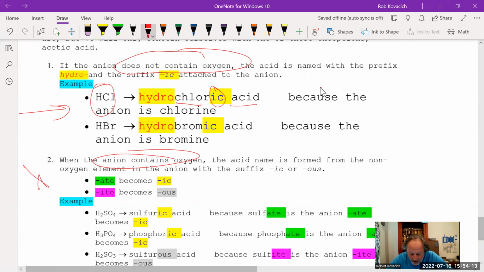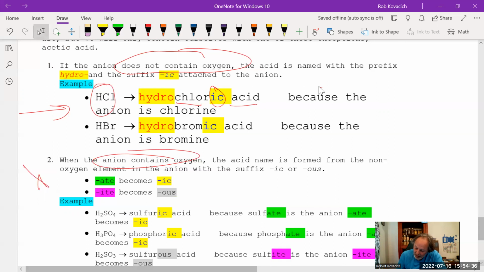HBr is hydrobromic acid. I'm saying hydro because there isn't any oxygen present. So if you see hydro, like hydrochloric acid is stomach acid, you know that that acid is composed of hydrogens and something else, but there aren't any oxygens in it.